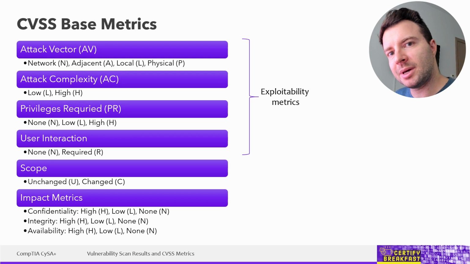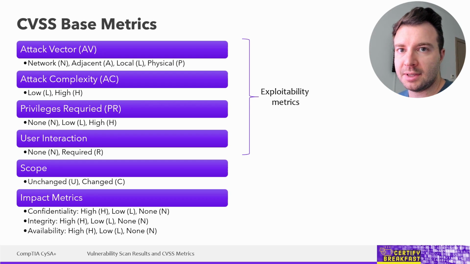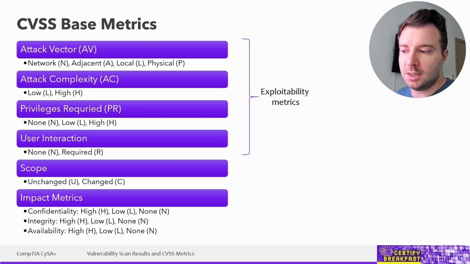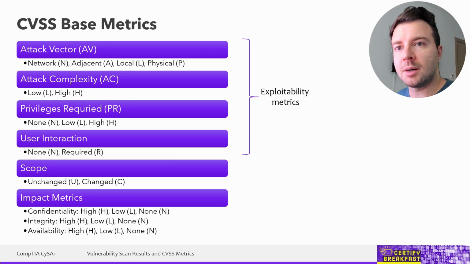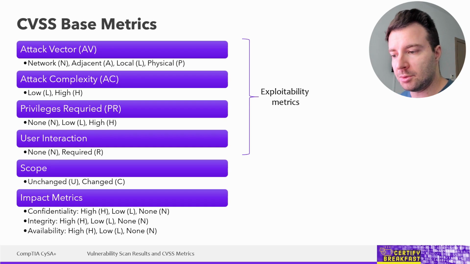Finally, the impact metrics are going to reflect the impact to confidentiality, integrity, and availability, strictly speaking about the affected target. And of course, we're going to have some metrics here, such as high, where let's assume that there's going to be a complete loss of confidentiality, which results in all the resources being divulged to the attacker, so the attacker gains access to all our data.